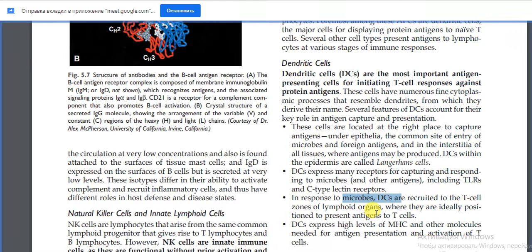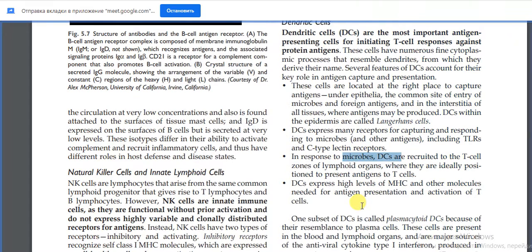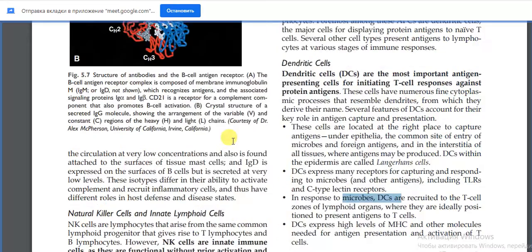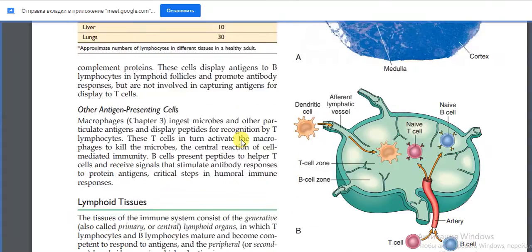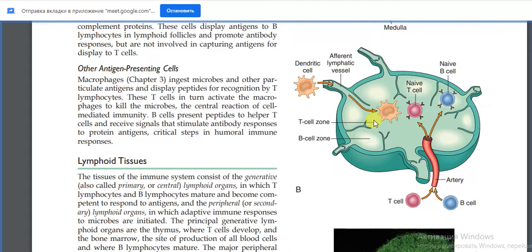You remember we have lymphoid organs. We'll discuss lymphoid organs a little later, but you already know that a lymphoid organ is a collection of lymphocytes in one area. These dendritic cells have this appearance. A dendritic cell is known as dendritic because of this appearance.